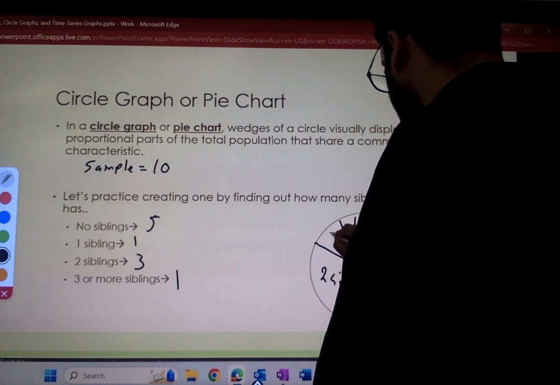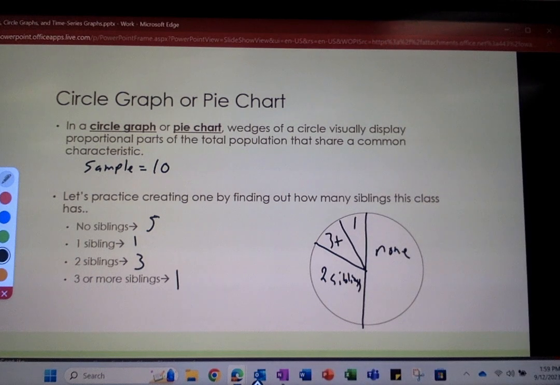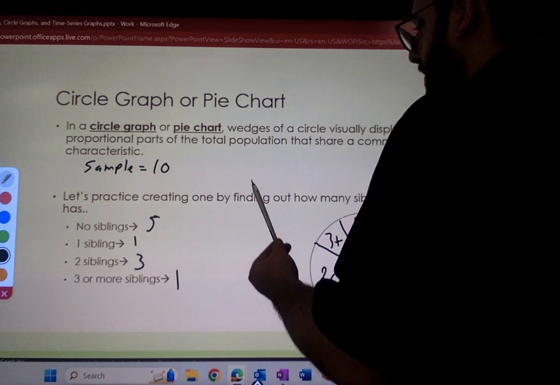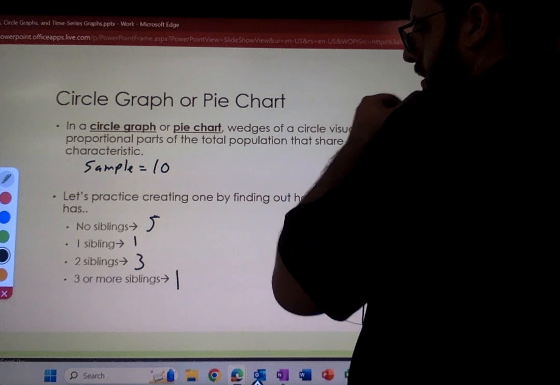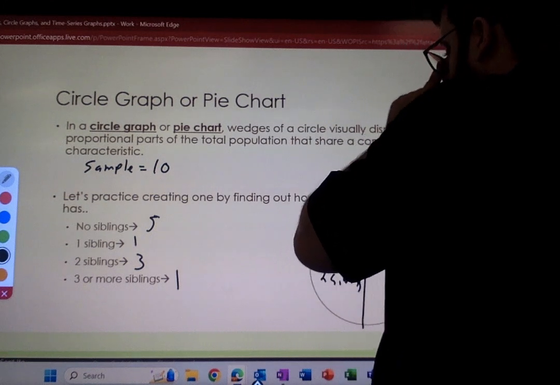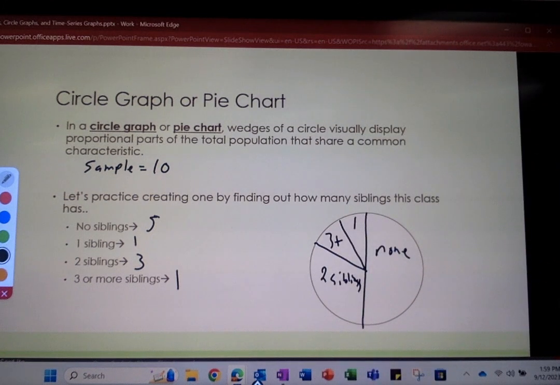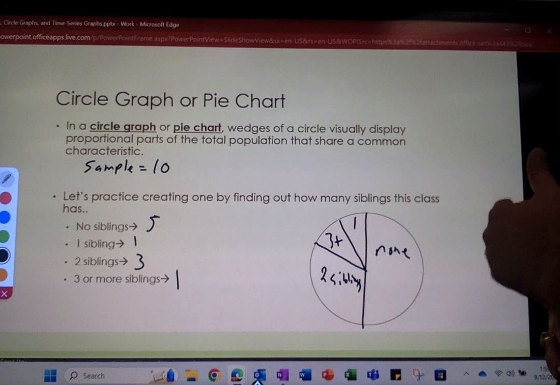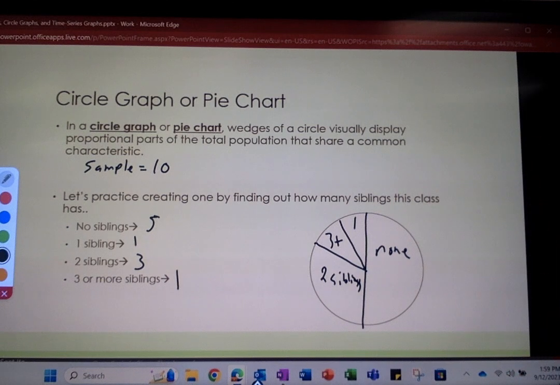So 1 sibling and 3 plus siblings. Okay, so whatever proportion or whatever percentage of the pie chart your data point is from the sample, you want to make sure that it's reflected in your pie chart. And we'll have some practice where we look at how to create our own pie charts and how to properly do that using the measurements of the circle.